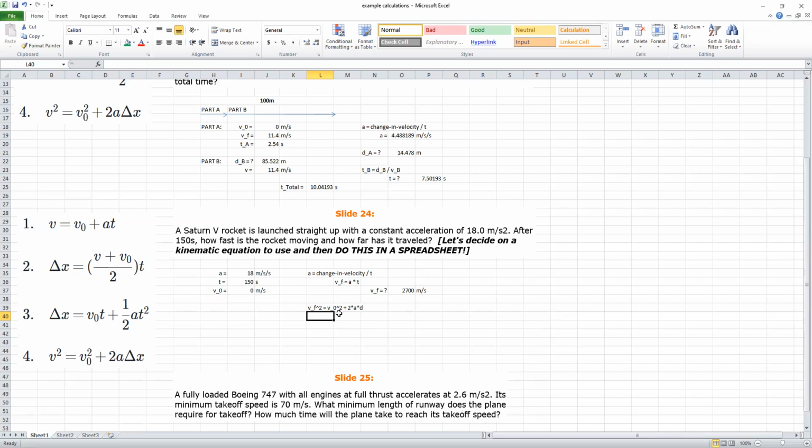All right. So then we say, all right, what is D? D equals question mark. Well, let's solve for it. D equals, let's solve for it. D F squared divided by 2 times acceleration. Do you agree with me?